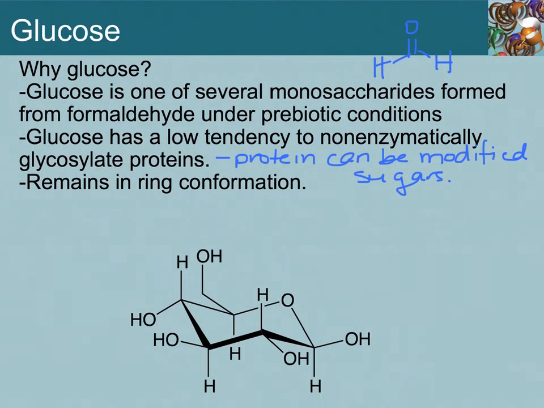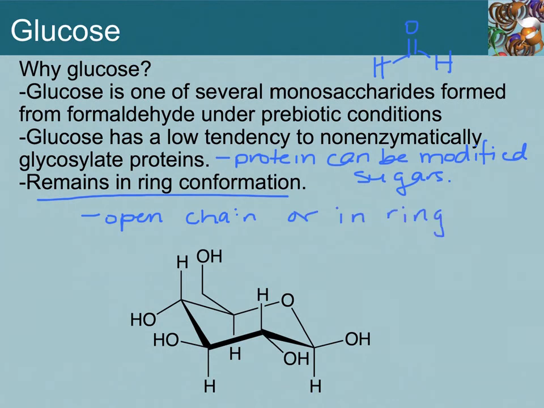Finally, glucose remains in its ring conformation. Now, monosaccharides can either be open chain or in rings. When they are open chain, they often have either an aldehyde or a ketone.